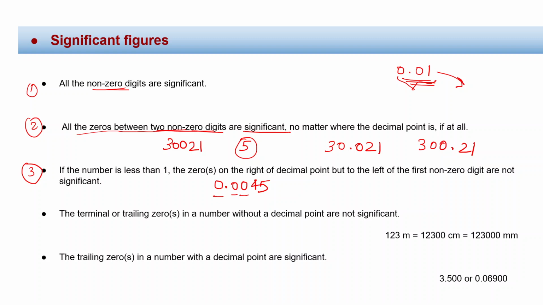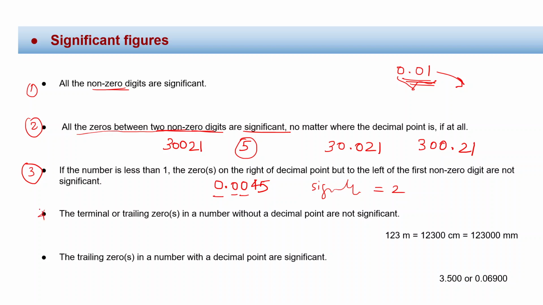All these three zeros are not significant. So if after some measurement this is my answer, then the number of significant figures will be only 2. Only these two digits are significant. So this is the third rule.